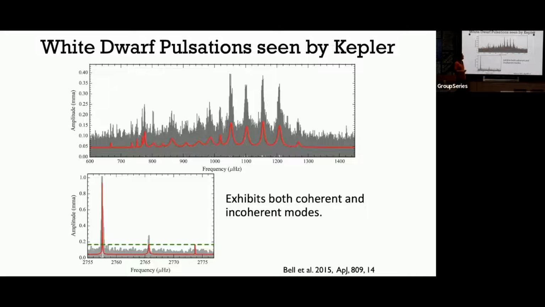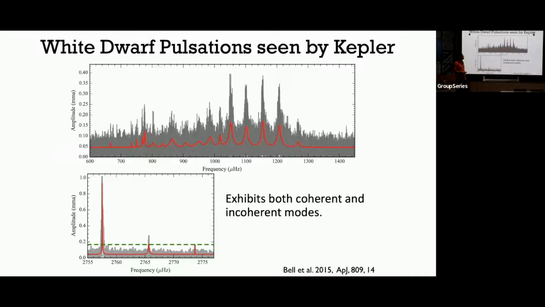Here in the low frequency range of the Fourier transform, the pulsation signals look like these wide bands of power, whereas at the high frequency range, these are really sharp features. And what this represents, the width of these features that we fit to the Fourier transform, the width represents how incoherent, how much these signals are varying in phase, frequency, or amplitude during the observations. Whereas a really sharp peak is pretty coherent during the time span of the observations.